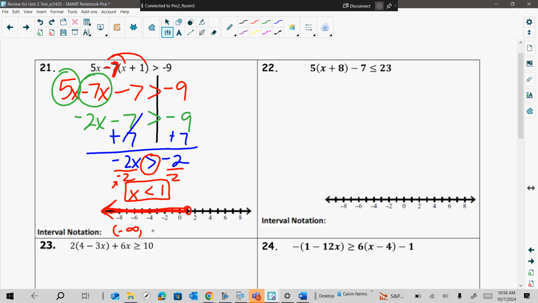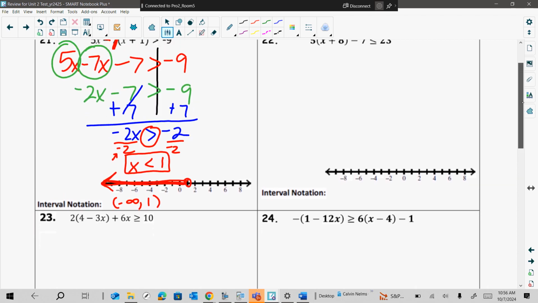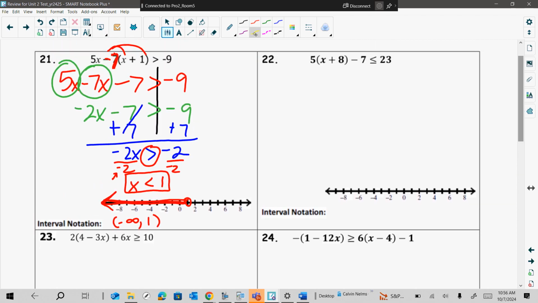Yep, that's it. You will be given partial credit, like doing the first step, then doing your work to simplify, getting to the inequality, getting to your graph, getting to your interval notation.